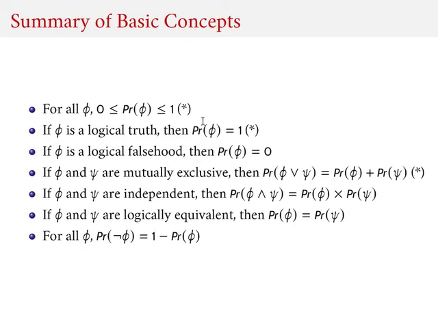I have put a little asterisk beside some of these rules, and I think there should also be a little asterisk here. What that signals, which we will not get into in detail in this class, is that some of these rules are more foundational than others.